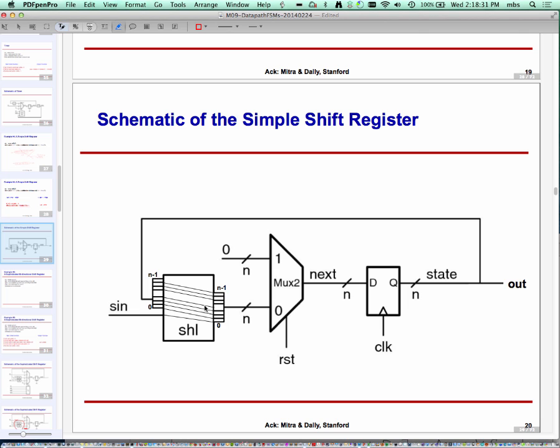Otherwise, SIN goes to the 0th wire, and the lower n minus 1 bits of the current value of state, which is feeding back out here, are feeding into the upper n minus 1 bits here. And the n minus 1th bit, the topmost bit, is not being used at all.